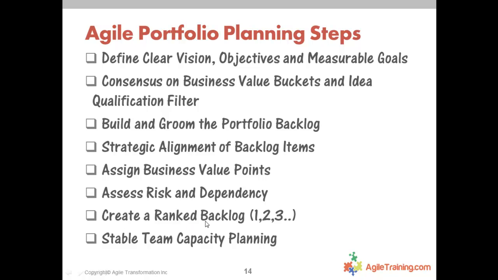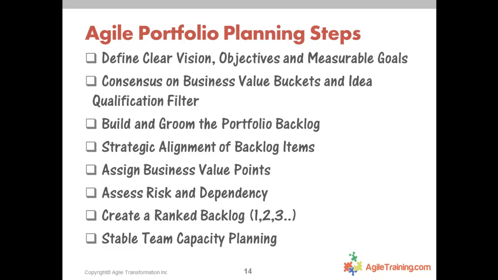A ranked backlog means that, taking all this into account, now that we have this group of initiatives, ideas and projects, and we've assessed dependency, risk, and business value, and aligned them with our strategy, then in what order? I don't want to hear that they're all high or they're all number 1. There's a pretty nice vertical list of 1, 2, 3, 4, 5, 6, 7, 8. It needs to be sequenced that way.